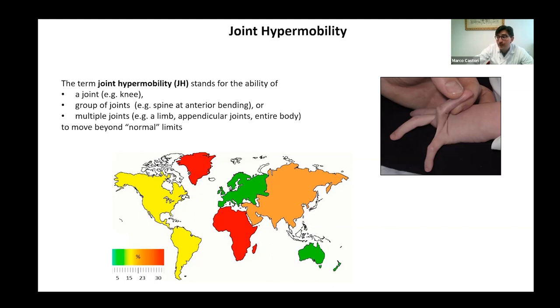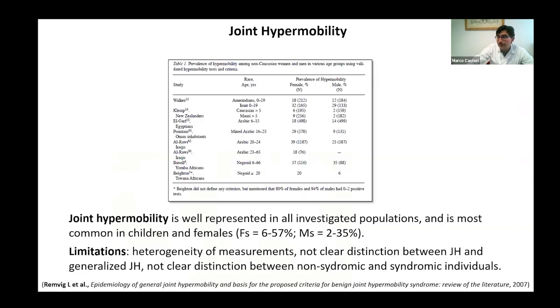This portrait allows us to recognize joint hypermobility as a physical trait or a sign rather than a clinical diagnosis, and to hypothesize a complex etiopathogenesis rather than a simple Mendelian etiology. Accordingly, many epidemiological papers demonstrated the high rate of joint hypermobility in many countries and populations, nearly always showing the highest values in females and children.